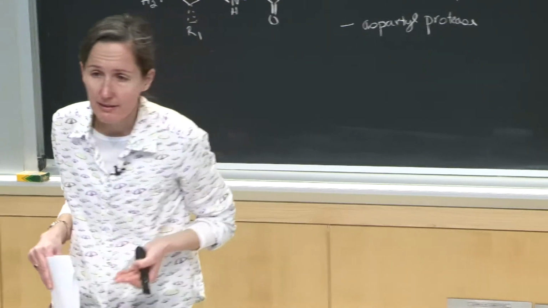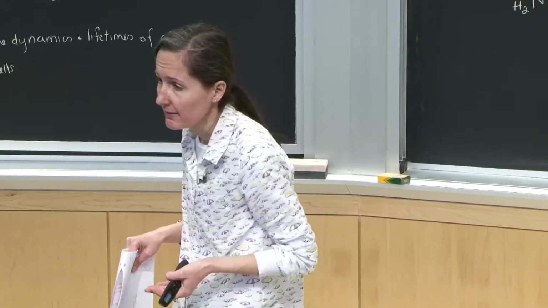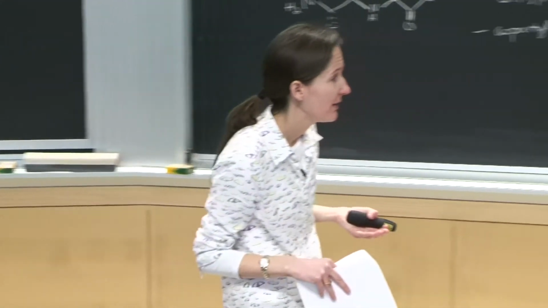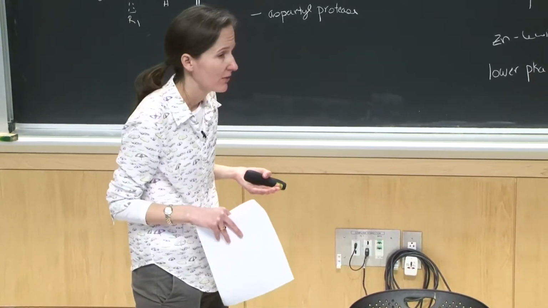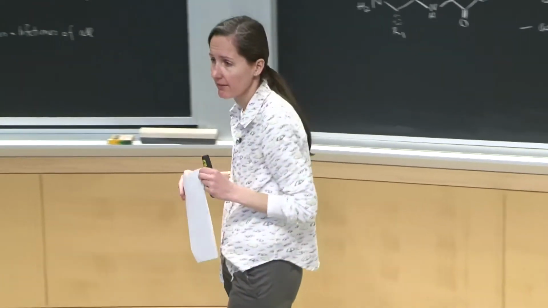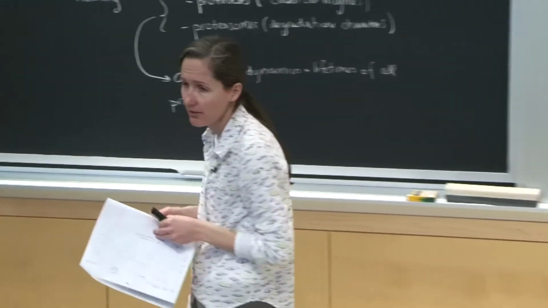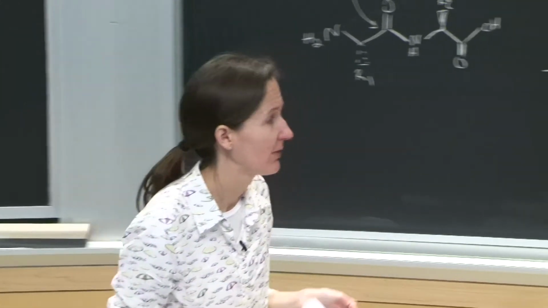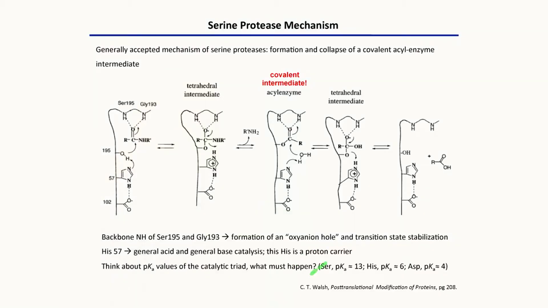And something that you need to think about are the pKa's. If we think about just pKa's of amino acids and how this chemistry is happening, right? So what is a little bit mysterious here based on our knowledge of pKa's of the catalytic triad? And I give some approximate values just for serine, histidine, and aspartate here.